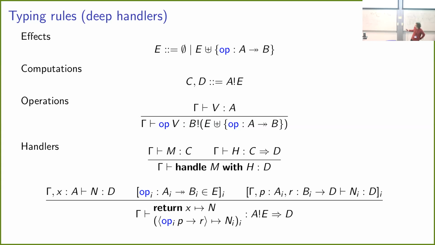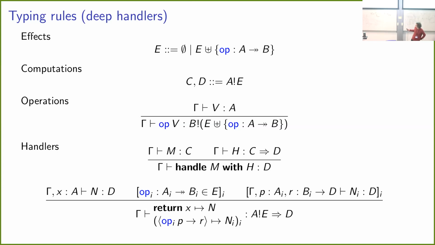A thing to highlight is that with these deep handlers that I'm presenting here, the resumption... we're doing an operation going from A to B, so here's its parameter type, its argument type, here's its result type.